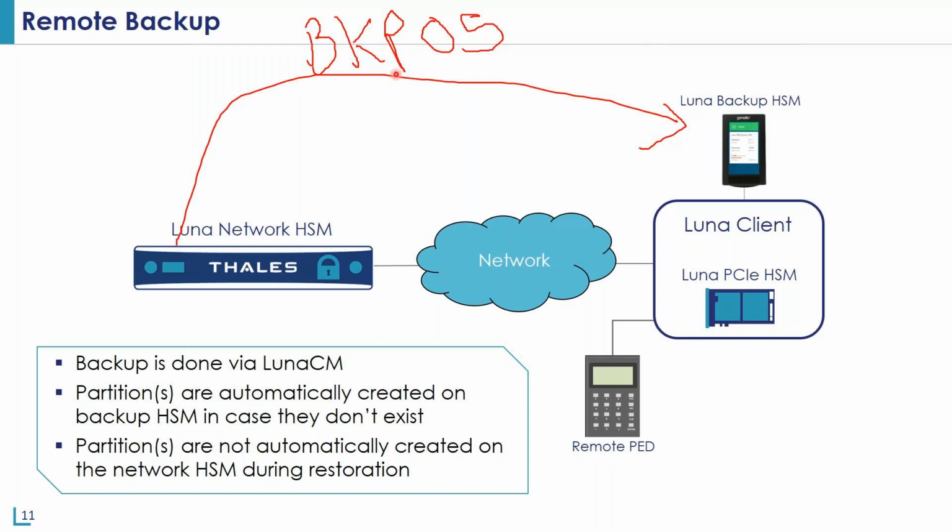If this BKP05 doesn't exist on my backup HSM, my command will automatically create this partition for me. But at the time of restore, the partition should be created, initialized, the crypto officer should also be initialized, and logged in in order to restore the content. So partitions are automatically created if they don't exist on my backup HSM, but at the time of restore, the partition should be created and initialized on my network HSM.